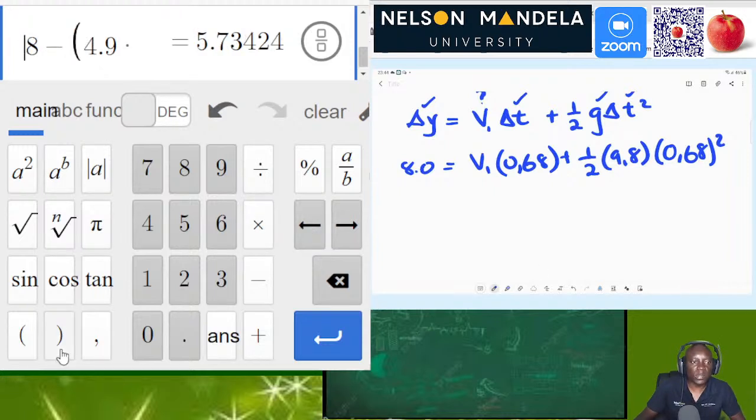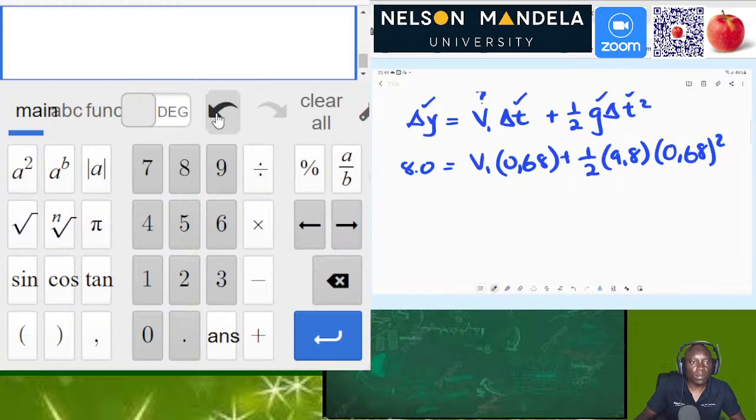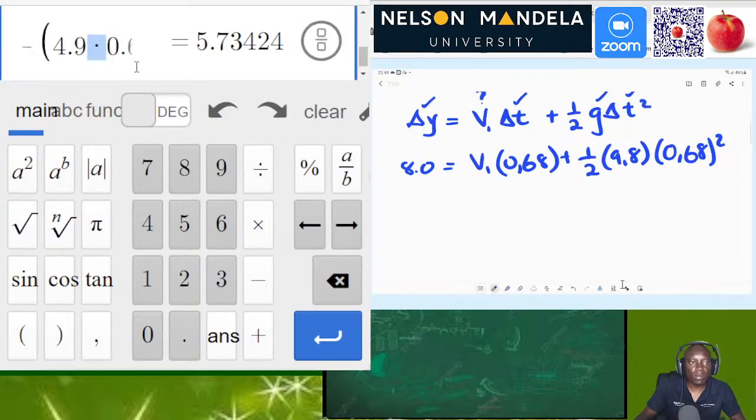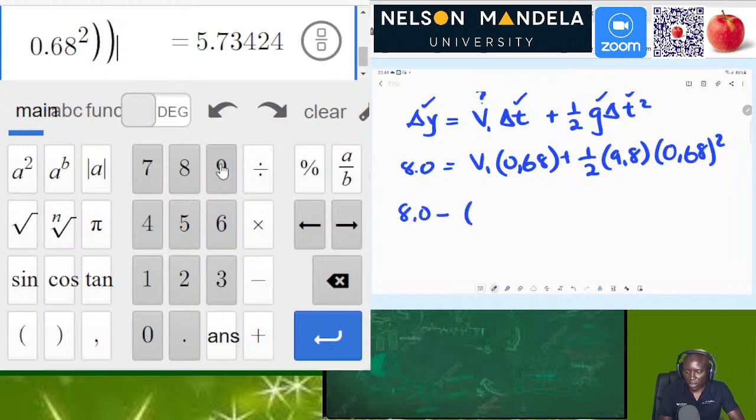Then that's 5.73. So what we are doing here is 8.0 minus half of 9.8, which is 4.9, multiplying 0.68 squared, equals v1 times 0.68.